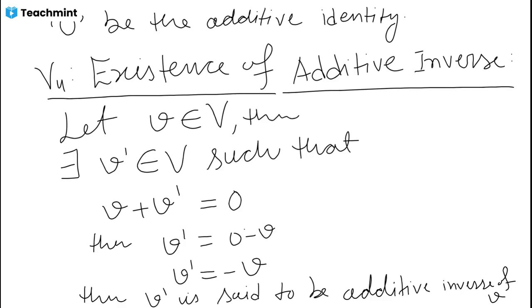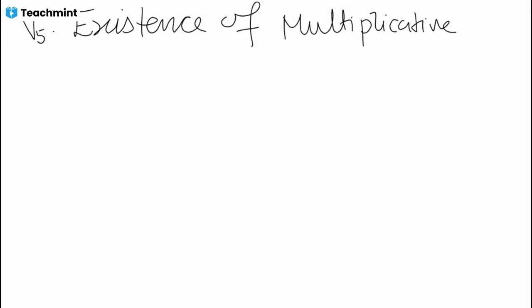Next, V5, existence of multiplicative identity.